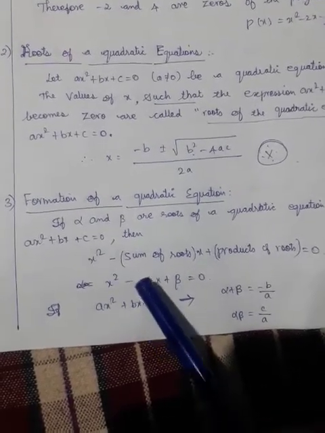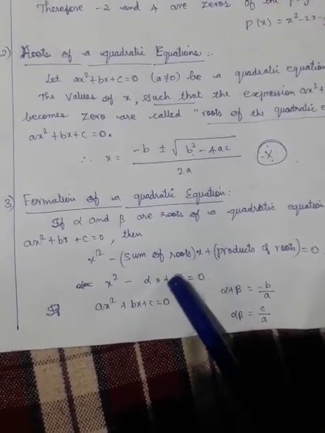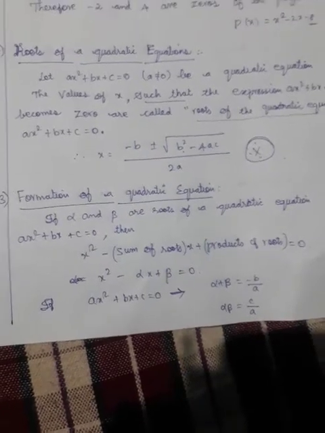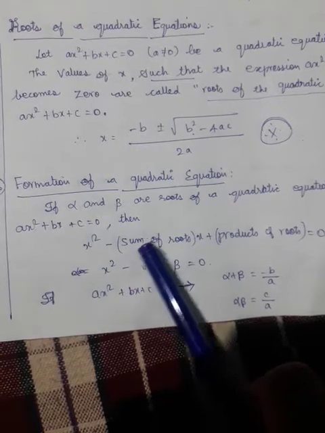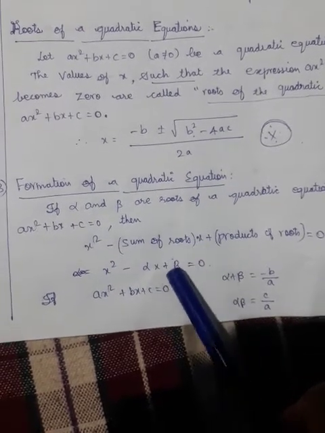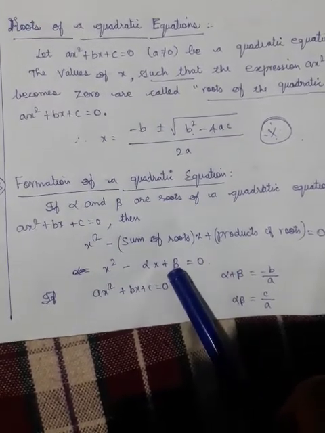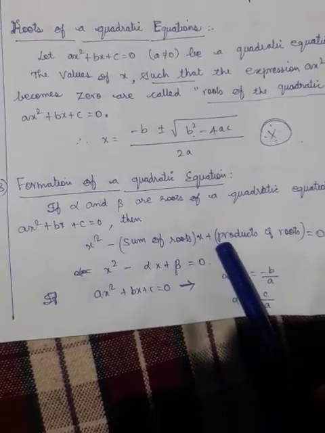So x square minus (alpha plus beta) x plus alpha beta equal to 0. Alpha plus beta is noted as the sum of roots, and alpha beta as the product of roots.